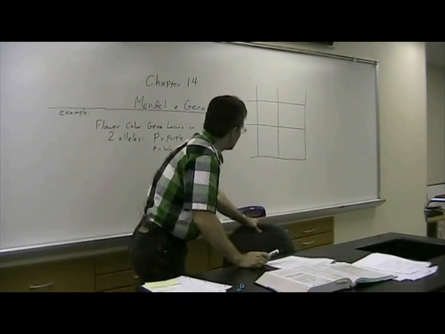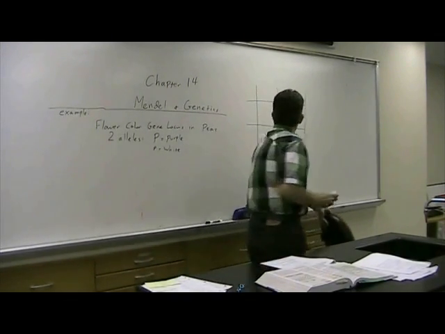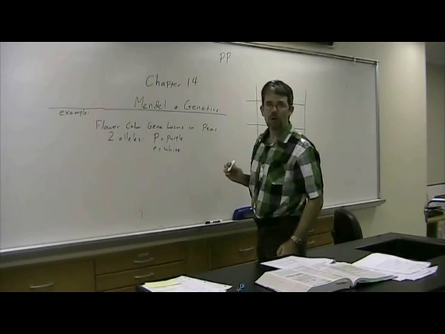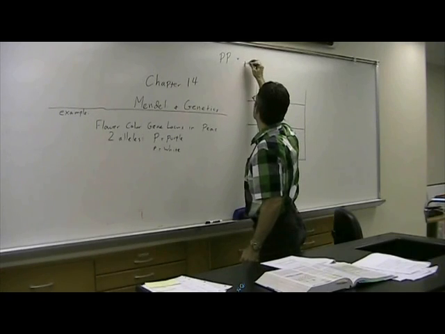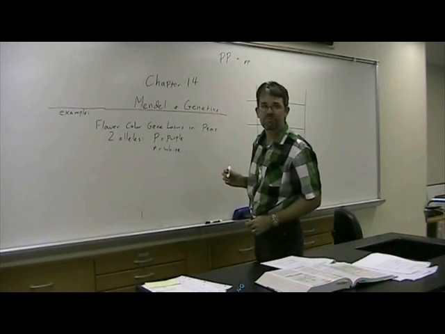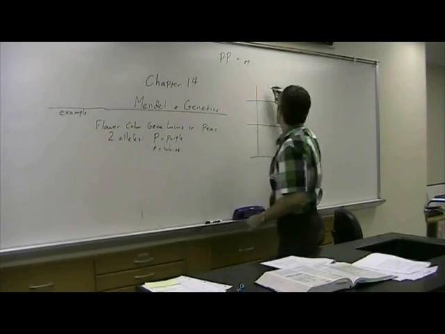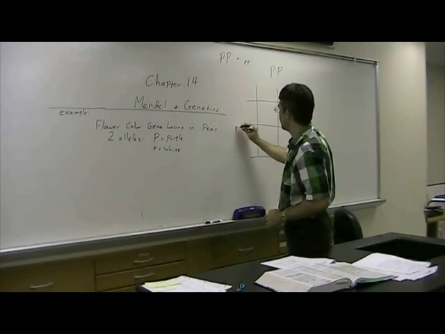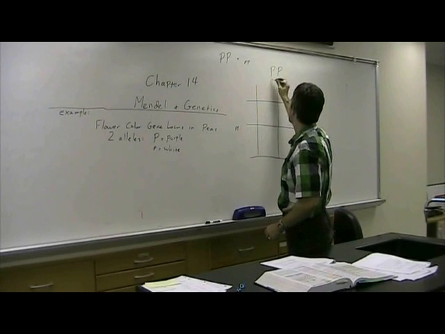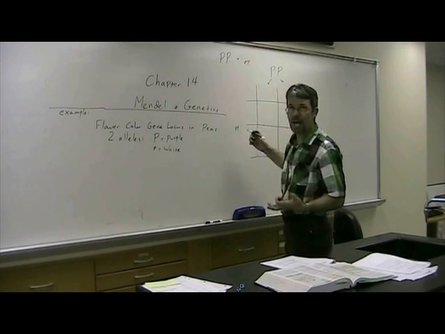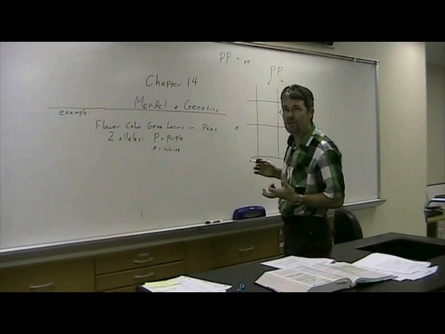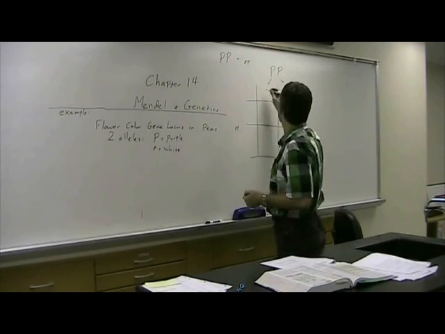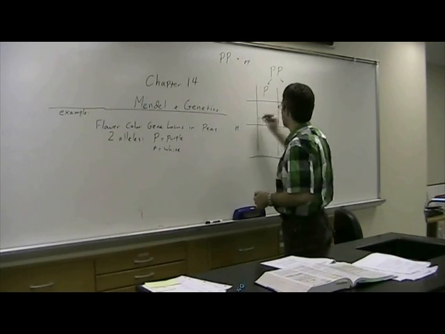Now, if he's crossing a purple flower plant with a white flower plant, you've got to separate the letters. I'm going to put one parent here, big P, one parent here, little p. Got to separate the letters because that's what happens with meiosis. Now again, during Mendel's time, nobody knew anything about meiosis. Big P here, big P here.